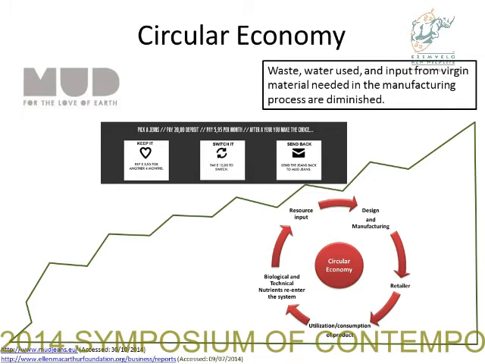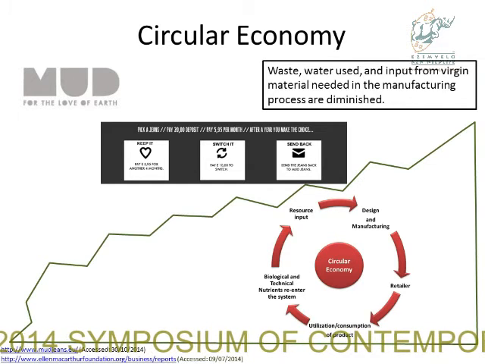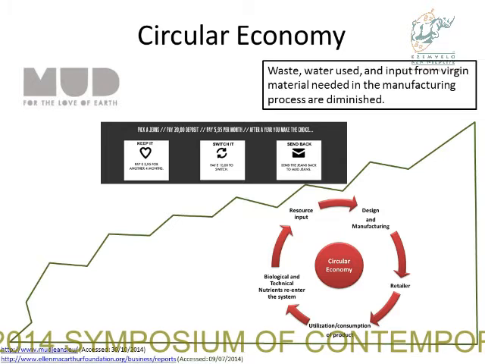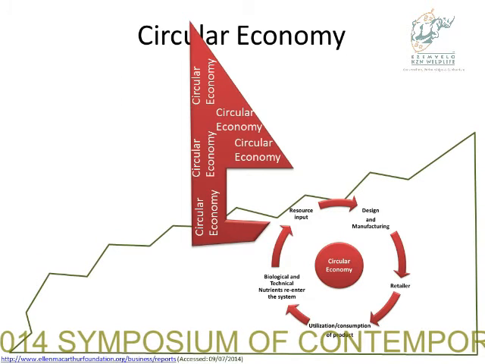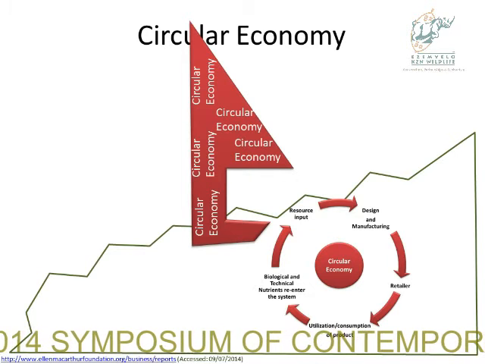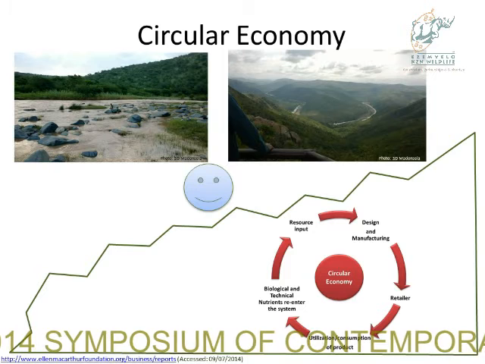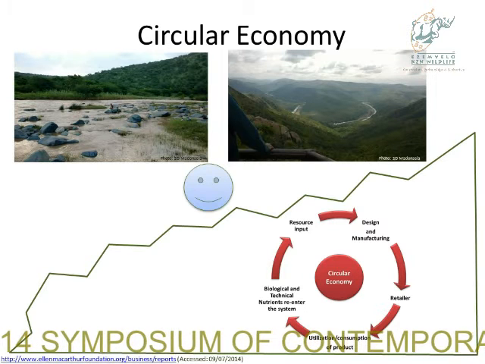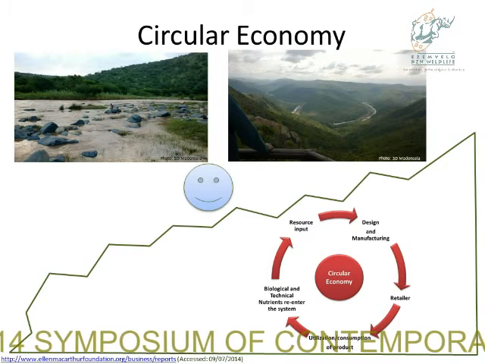And also their production process makes sure that they diminish waste, water use, and inputs from raw material. Take note of this shape, you will see it later in the presentation. Because of the way production is done in the circular model, waste is minimized.